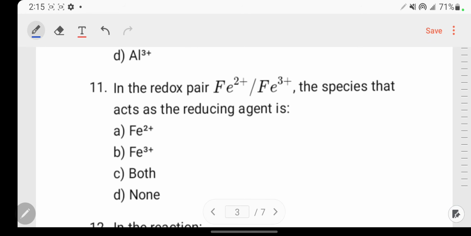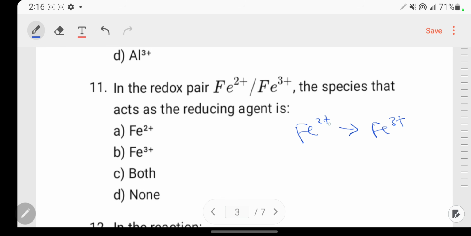Let's look at question 11. We are told that in the redox pair Fe2 plus and Fe3 plus, the species that acts as the reducing agent is, so which one acts as a reducing agent? Looking at this one, it has to shift. Let's say if it is Fe2 positive, it has to become Fe3 positive.